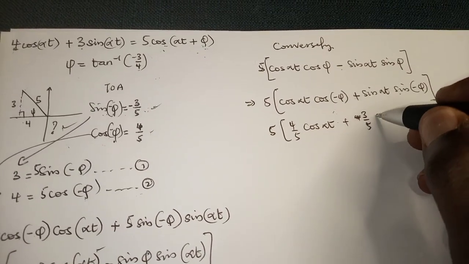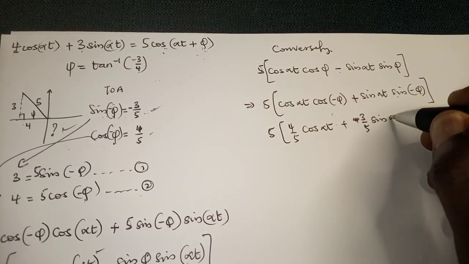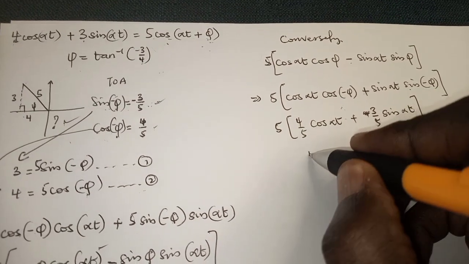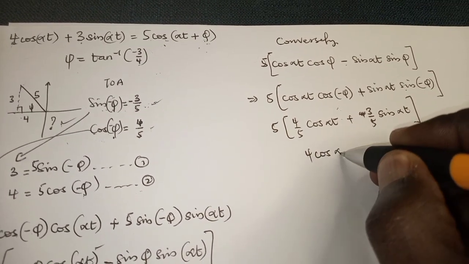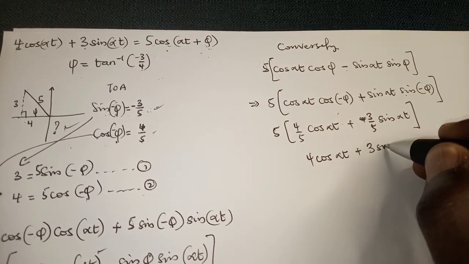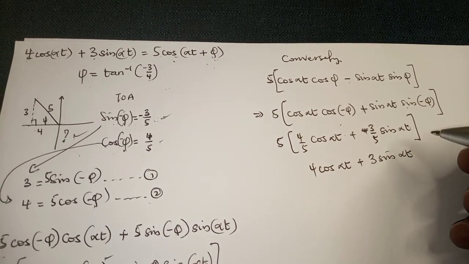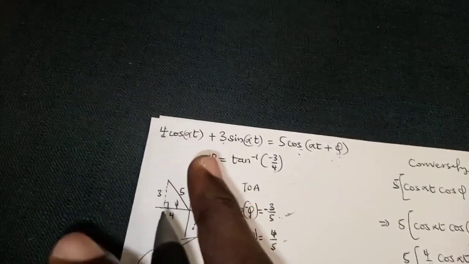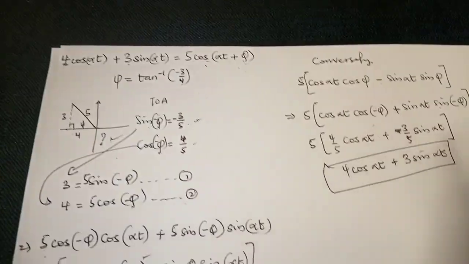So we have sine alpha t. When you open the bracket, you get 4 cos alpha t plus 3 sine alpha t, and that satisfies this. Thank you.